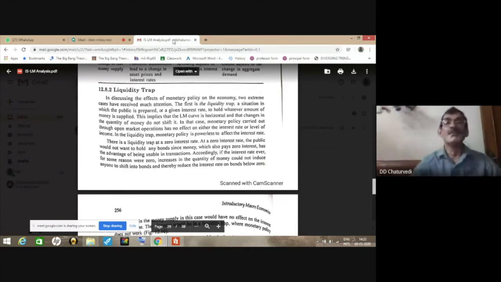That means monetary policy carried out through open market operation has no effect on either the interest rate or the level of income.